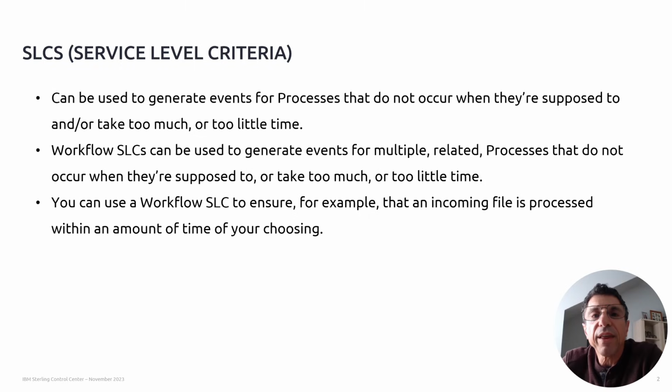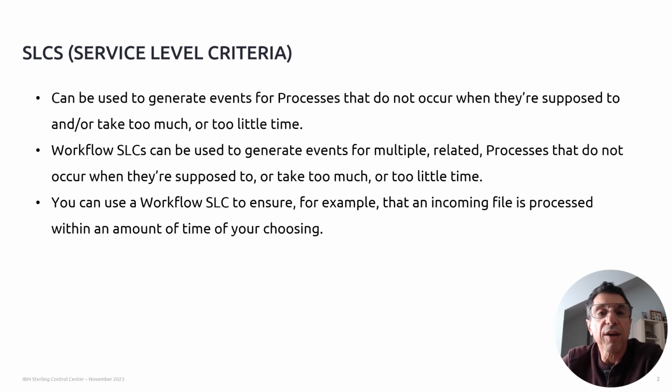If you don't know, SLCs, otherwise known as service level criteria, are used to generate events about things that did not occur. If Control Center is monitoring for processes and generating events when they run, you may want to know, well, what about when my process doesn't run? What about when my file transfer doesn't occur by 5 o'clock on Friday?